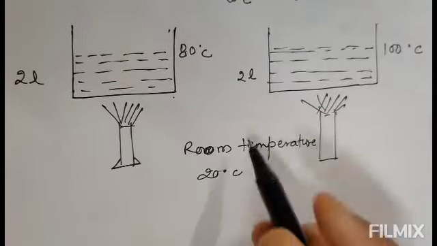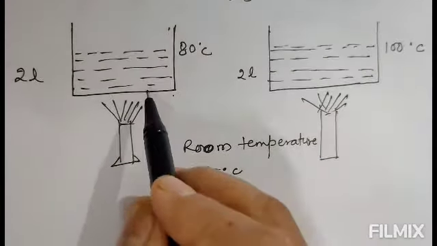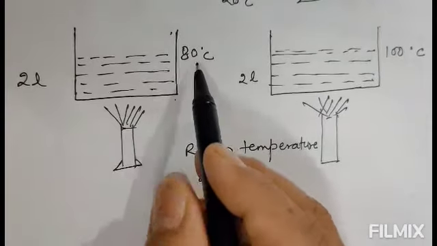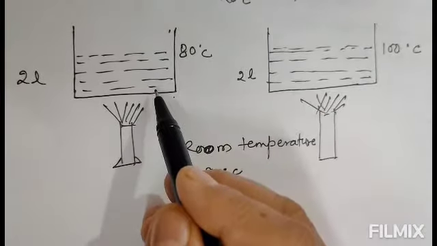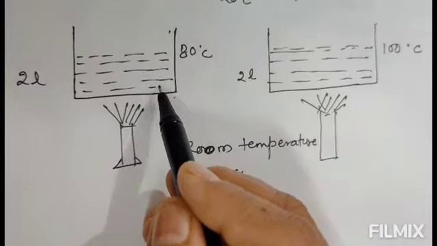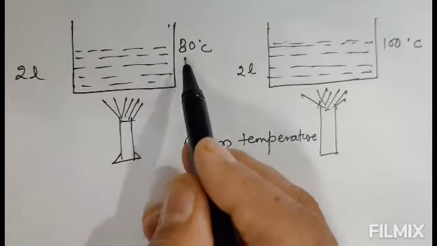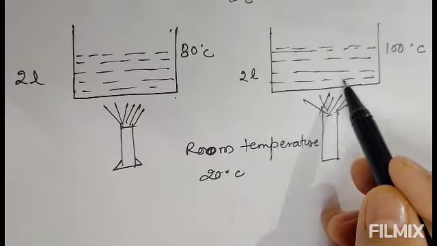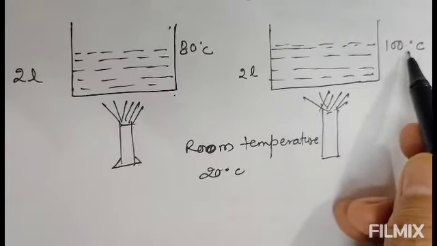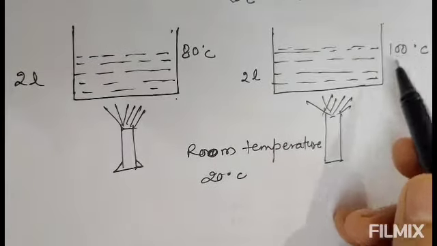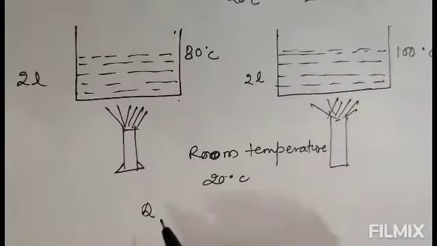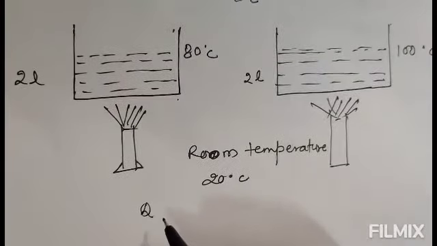Now what we have to do is make the temperature of the first container 80 degrees Celsius, but in the second container we have to raise the temperature up to 100 degrees Celsius. Obviously, where we have to increase the temperature more, there we will require more heat.